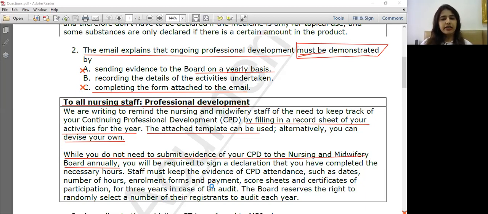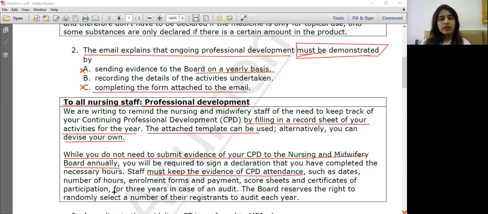But it is mentioned that you need to prove to the board that you are undertaking the activities related to your professional development, and that you are keeping yourself updated. So here it is given that the staff must keep the evidence of CPD attendance. So you must have evidence to prove that you have attended. Now these are all the options which you can do.